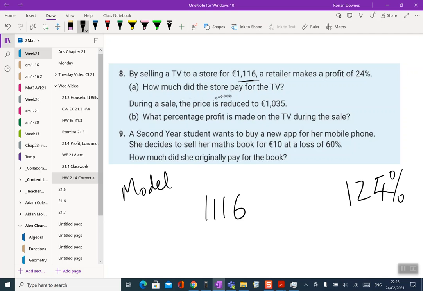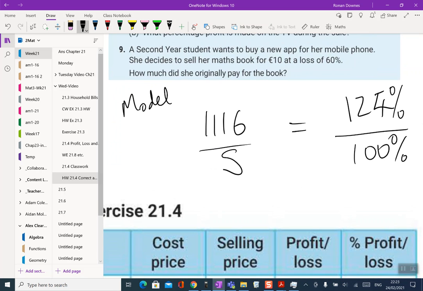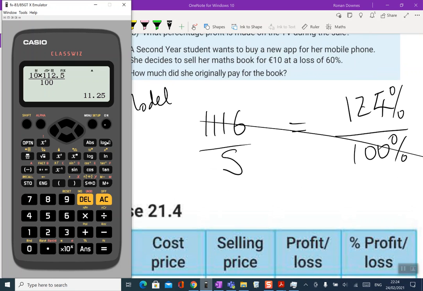How much did the store pay for the TV? Well, there's an implied number here of 100%. There's the unknown value. How much did they pay to the store? Let's write S for store. Okay, that by that over this. $1,116 multiplied by 100 all over 124.